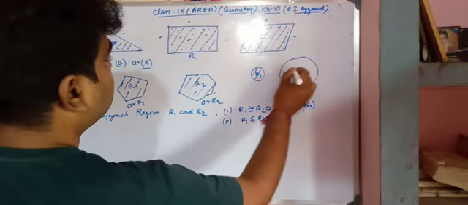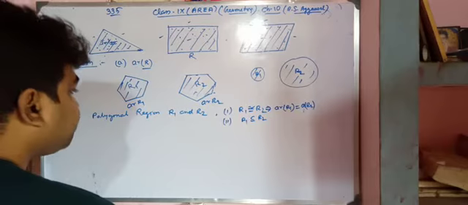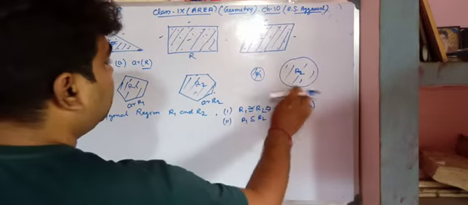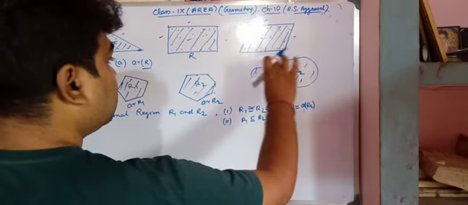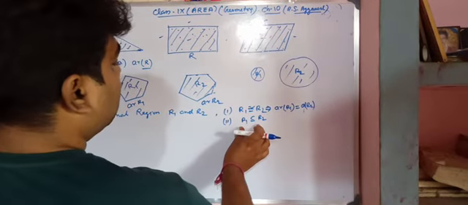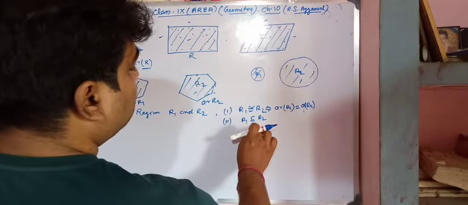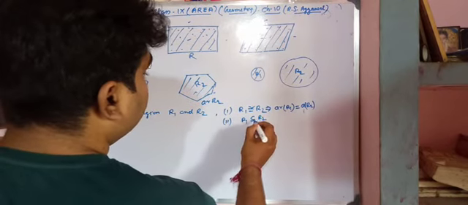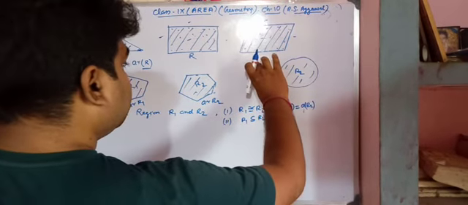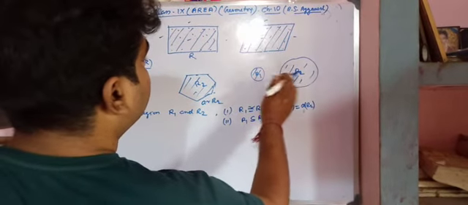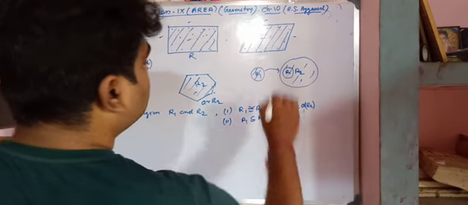Here we can see that this is the bigger region and this is the smaller region. This region should be contained within this one, so R1 is a subset of R2.